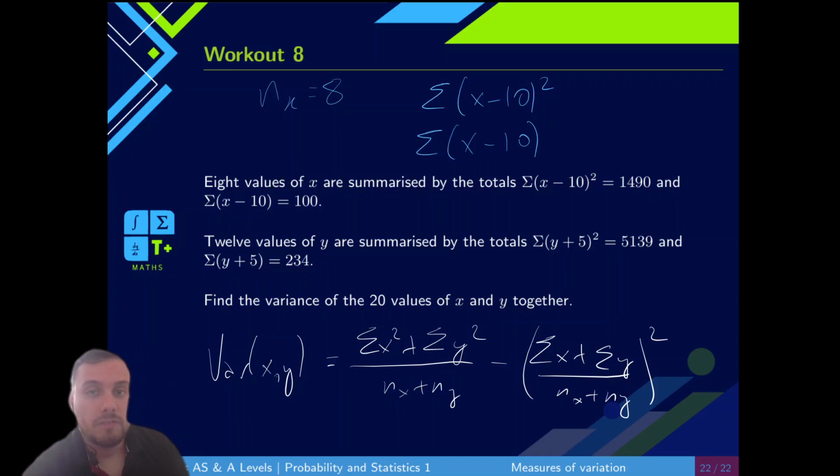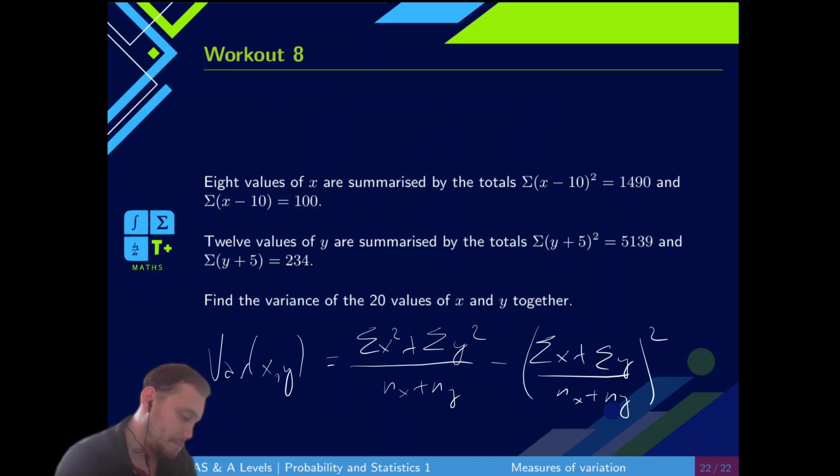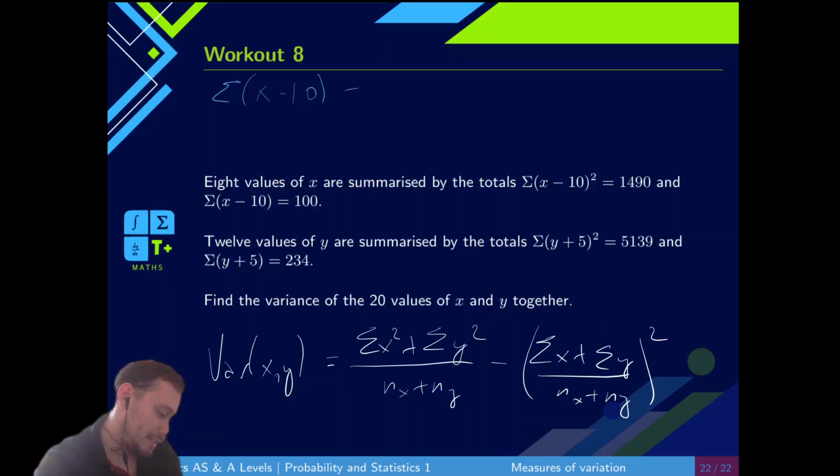So from here, we can find the sum of x, because remember, this is something that we did in a previous video. If the sum of x minus 10 is given, we know that this is equal to the value of x minus 10 plus another value of x minus 10 plus, and so on.